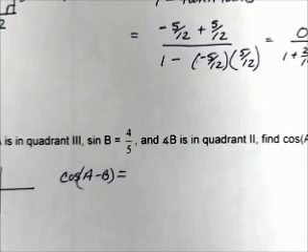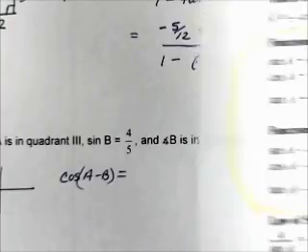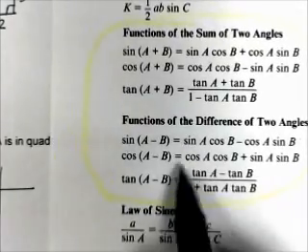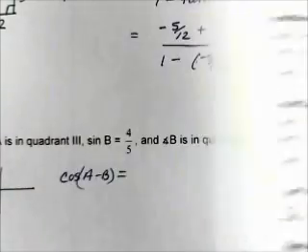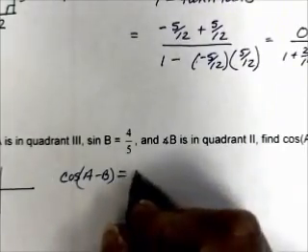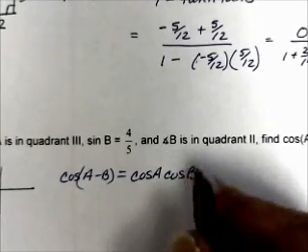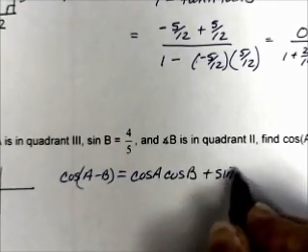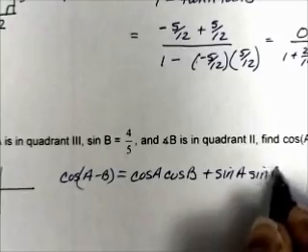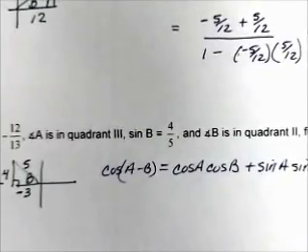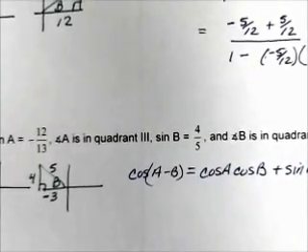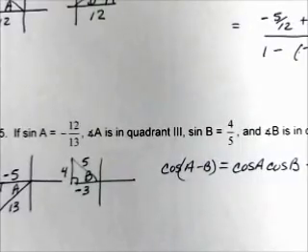Go to the formula. Cosine of A minus B is equal to cosine A cosine B plus sine A sine B. Cosine of A, make sure you're looking at the correct triangle.